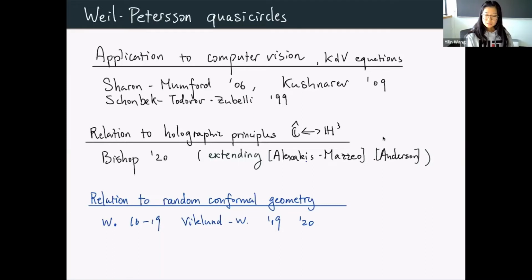And also in the work by Chris Bishop, he's established some holographic principles of objects in hyperbolic 3-space. And my work is related more in connection with random conformal geometry, which relates to SLE, Gaussian free field, and all that circle of questions.